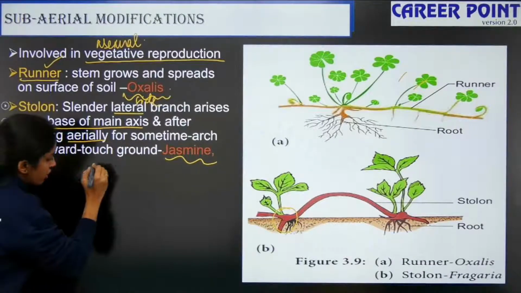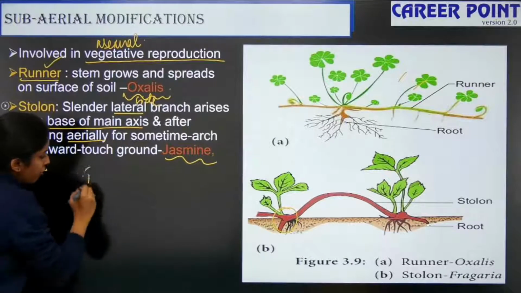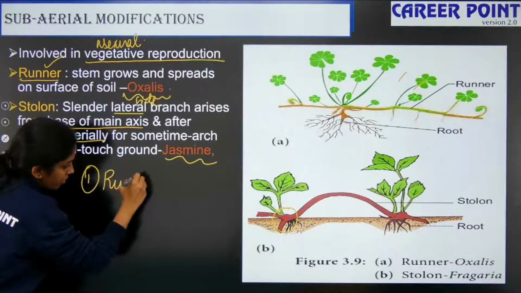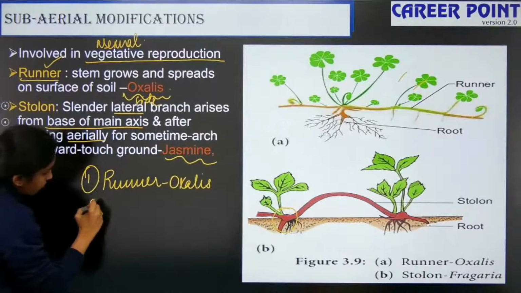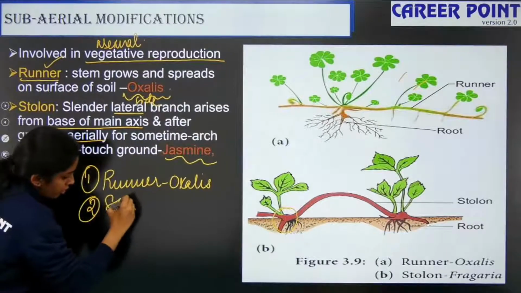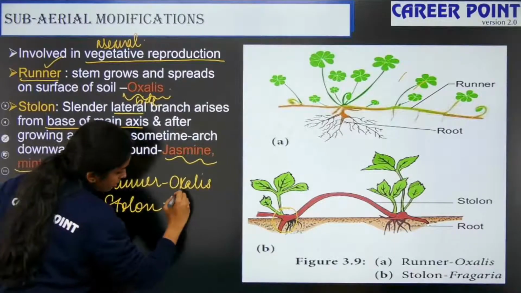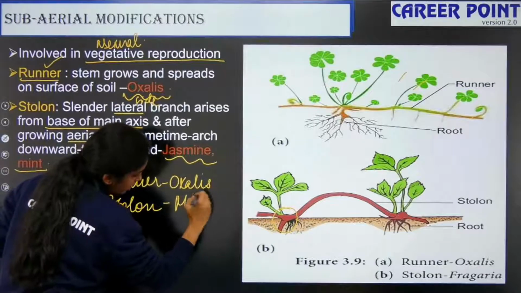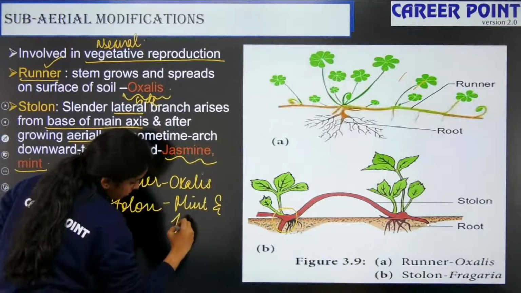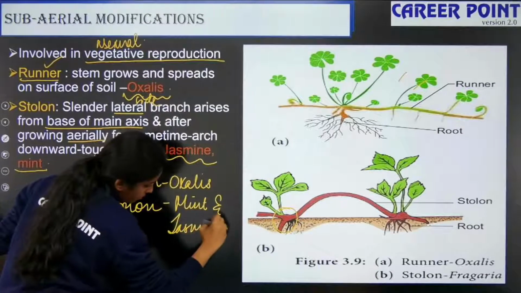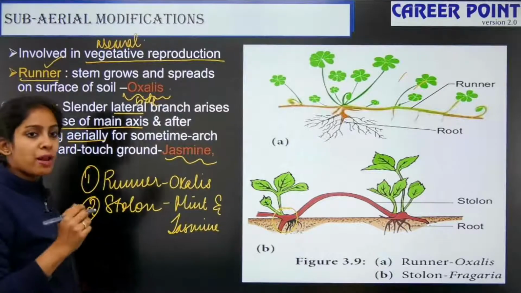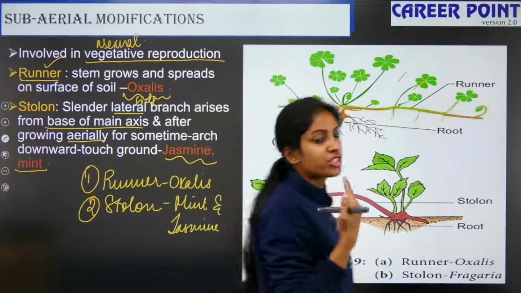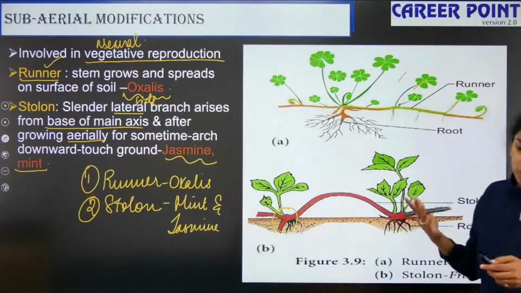So this is your subaerial modification. The first one is your runner, an example of runner is oxalis. Number 2 is stolon, so this can be mint or jasmine. So this is subaerial modification, and they help in vegetative reproduction.